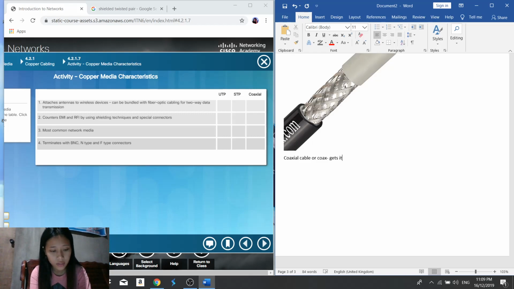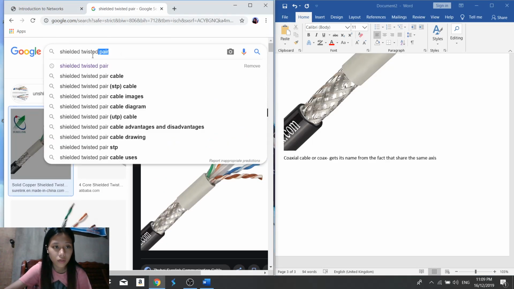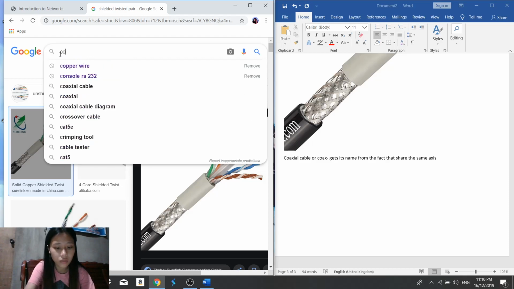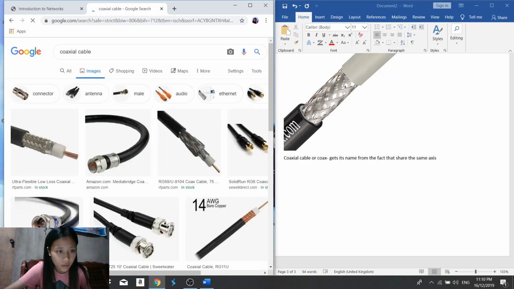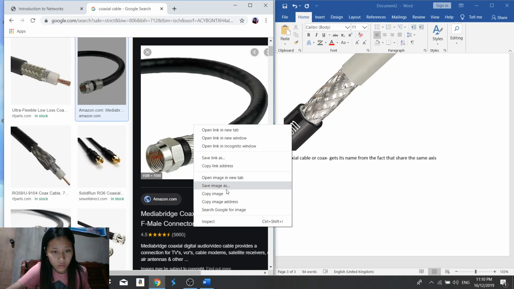So that's the example of the coaxial cable. This one is the coaxial cable.